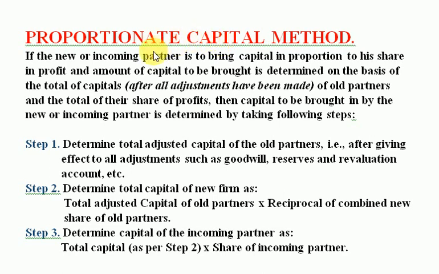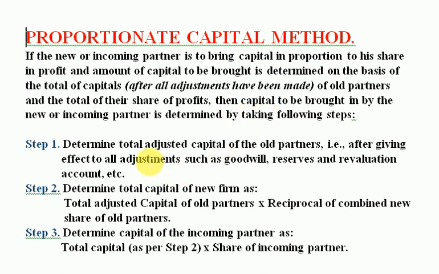It says, if the new or incoming partner is to bring capital in proportion to his share in profit, an amount of capital to be brought is determined on the basis of the total capitals, after all adjustments have been made, of old partners and the total of the share of profits. Then the capital to be brought in by the new partner is determined by taking the following steps.